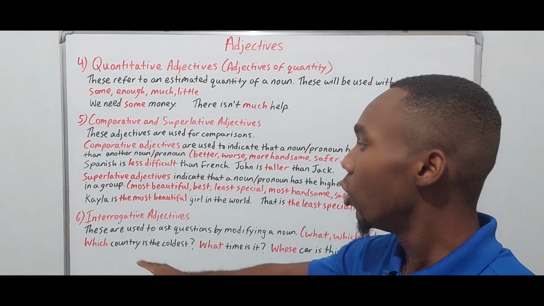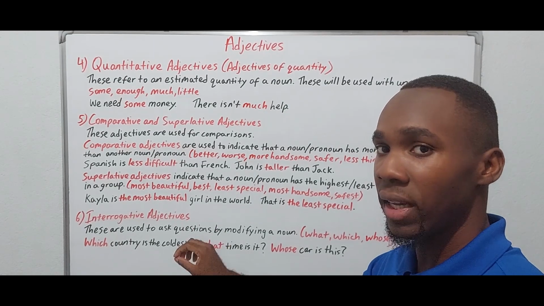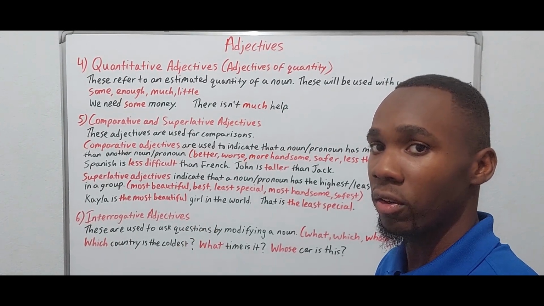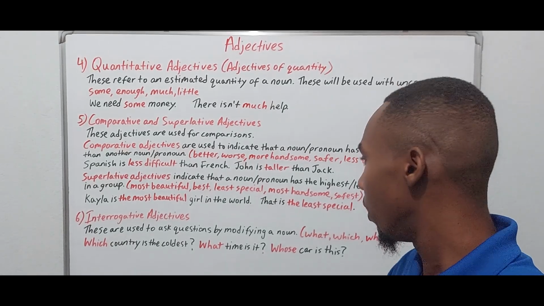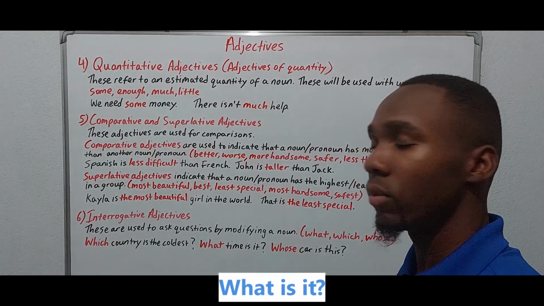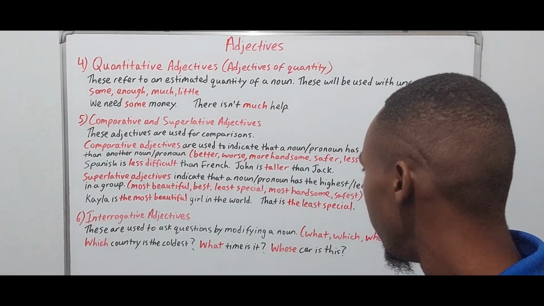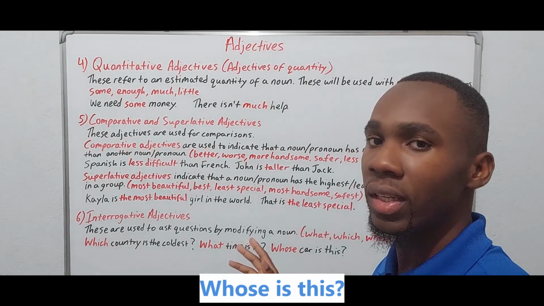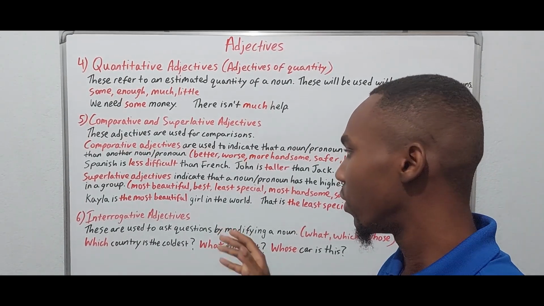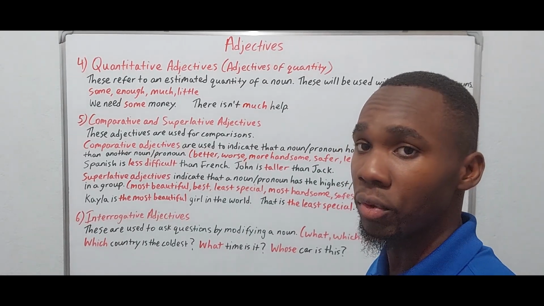So an example, which is the coldest? We eliminate the noun. Once we eliminate the noun, we have an interrogative pronoun. Which is the coldest? What is it? What in that case would be an interrogative pronoun. And whose is this? All we need to do is to eliminate the noun to form the interrogative pronoun.